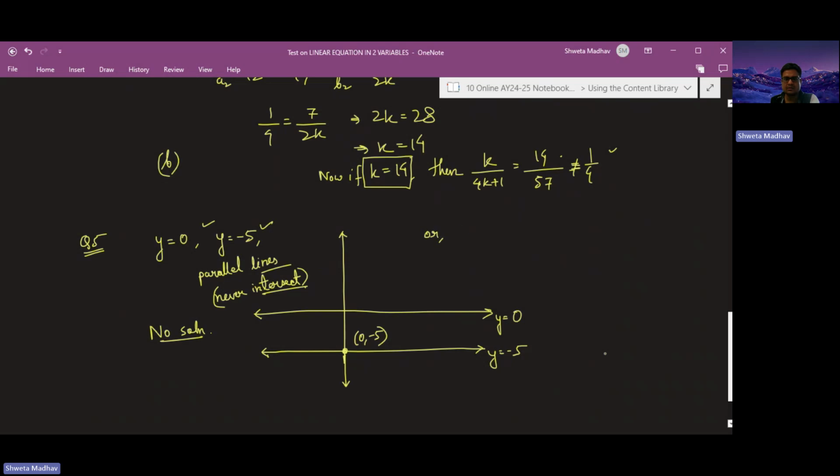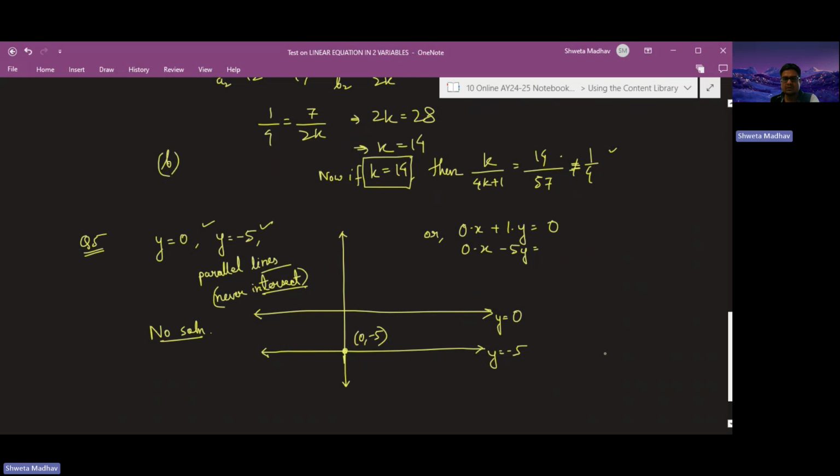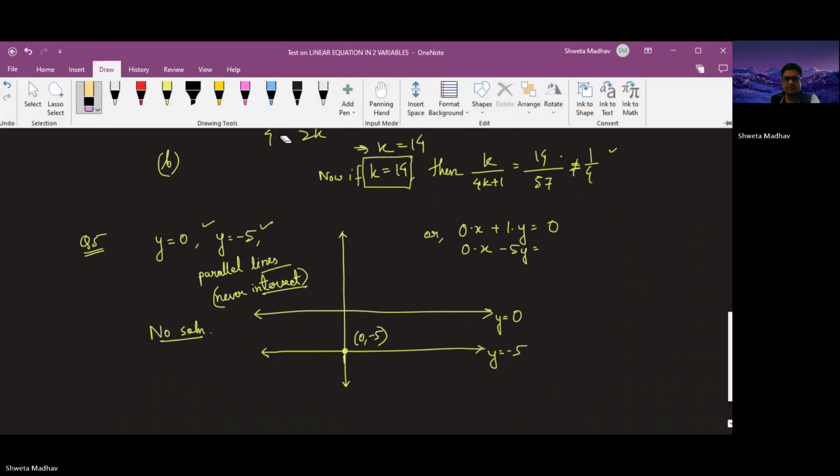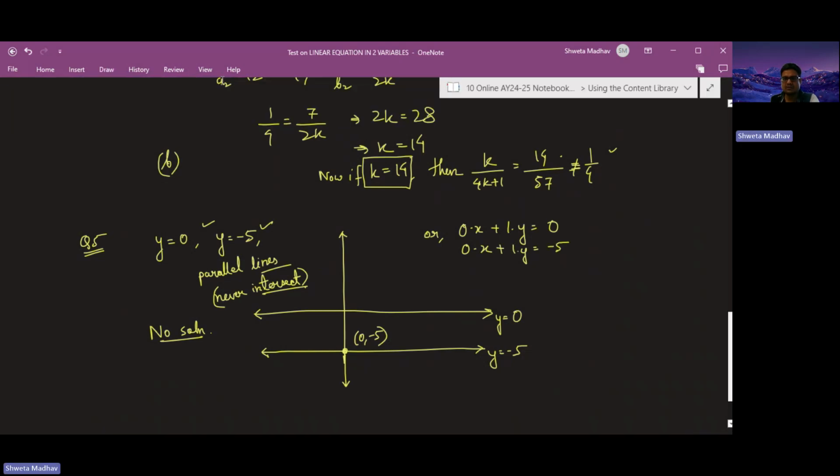We can write it as 0 into x plus 1 into y equals 0. And the other equation we can write as 0 into x plus 1 into y equal to minus 5.